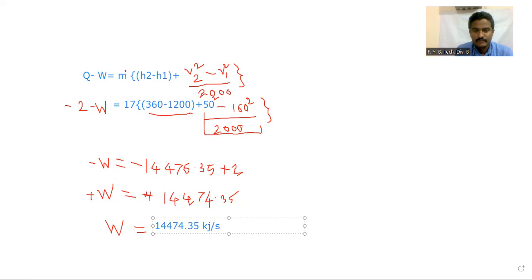Answer will be what? 1,474.35 kilojoule per second. This is the power developed by the turbine. So we can make a rectangular bracket.